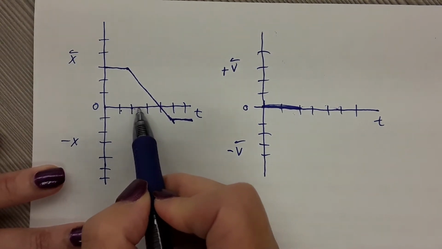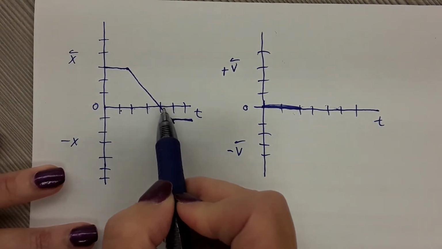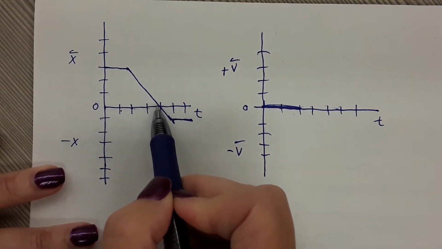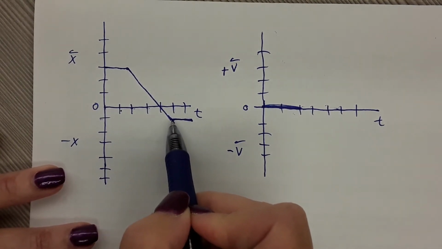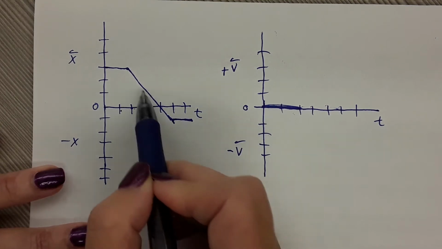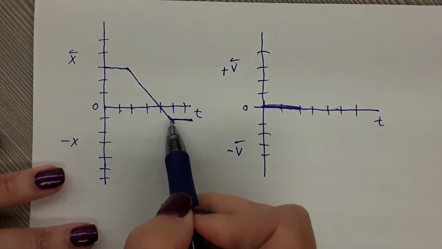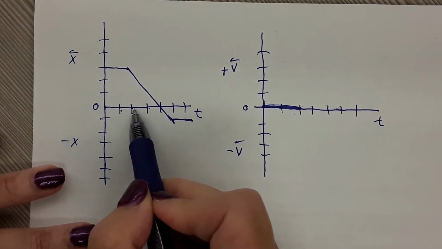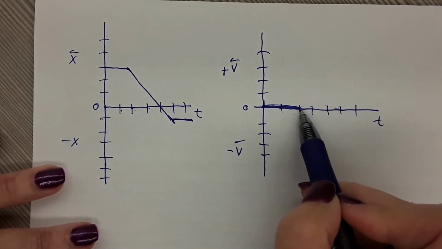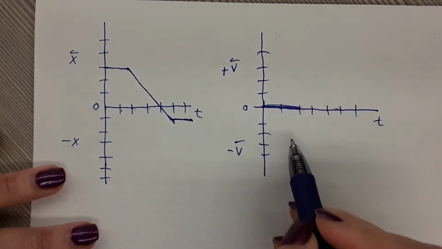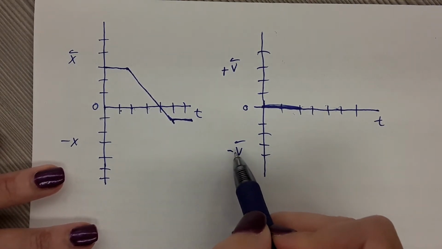Then you go to the next ticks in time. Okay, so from 2 to 3 to 4 to 5, you are moving at constant velocity, because it's a constant slope in the negative direction. So you have constant velocity, negative direction for these 3 spaces of time. And here they are right here. So here's the negatively directed velocities.